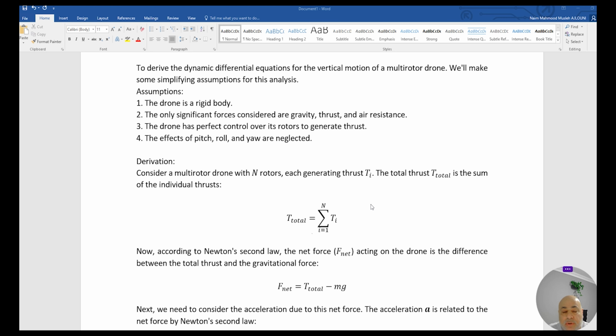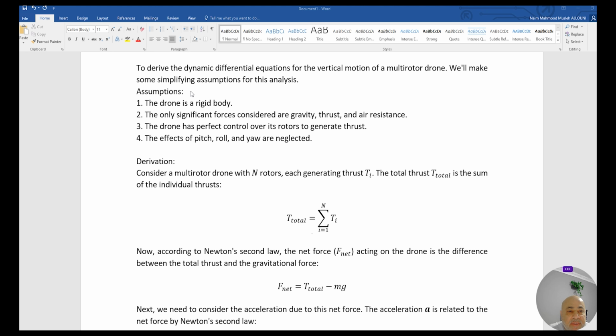As you know, multi-rotor drones are something that everybody's talking about, and they are being used in many applications, especially nowadays in military. I wanted to show you the dynamics and how we can simulate the solution for the differential equations of a multi-rotor drone.